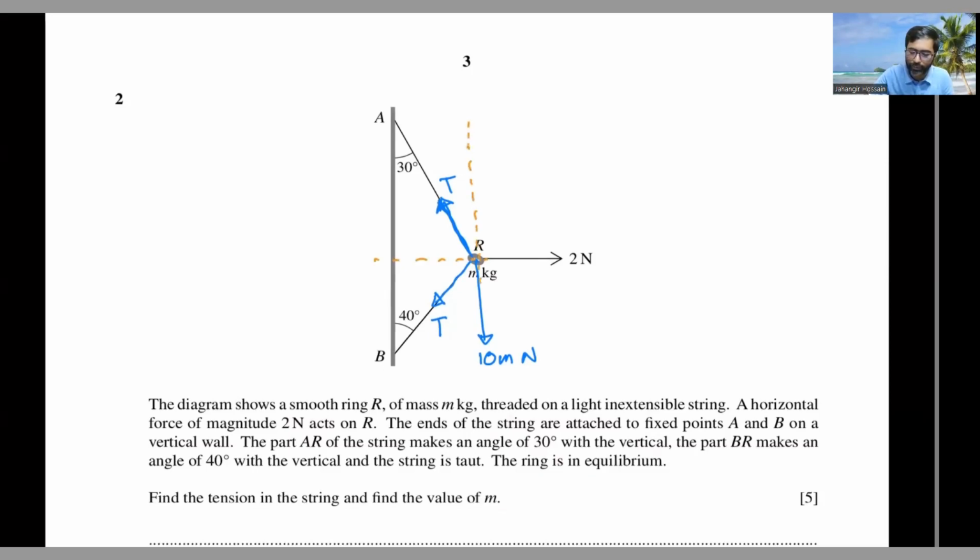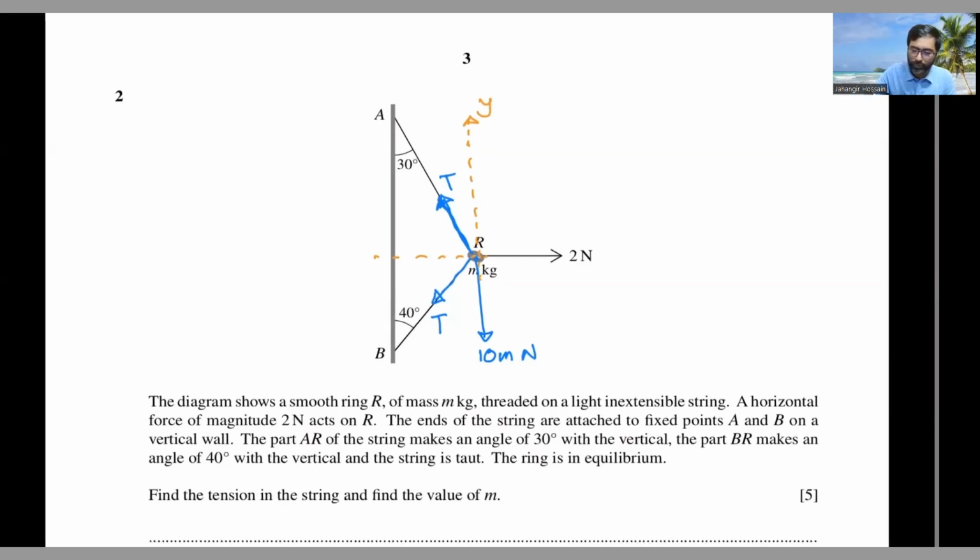In that case, you need to resolve the tension. The applied horizontal force and weight, one of them is horizontal, the other is vertical, so you don't need to resolve them. So this direction of the Newton is the x direction. Now to resolve T in the segment AR, the angle it makes with the vertical will be 30 degrees because it is an alternate angle.